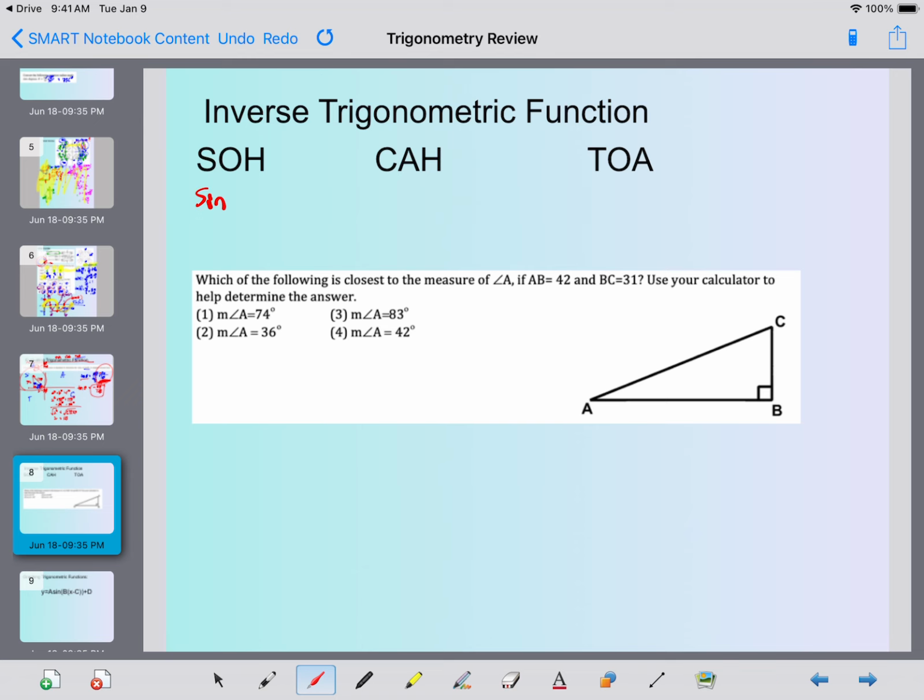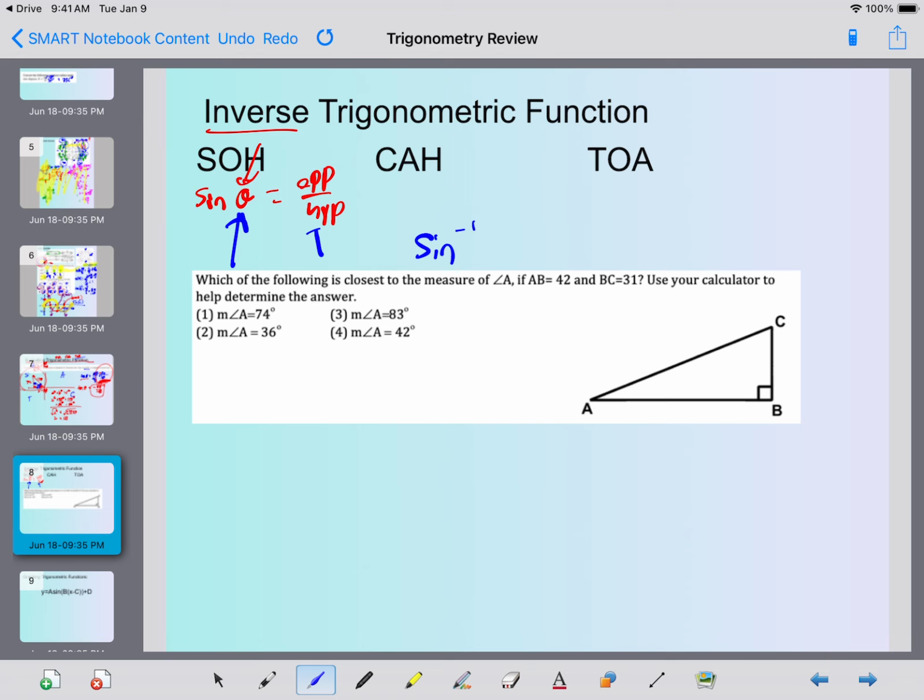So sine of theta, theta is just some angle that we're using a Greek letter to denote. Sine of theta equals opposite over hypotenuse. But look at that inverse word, right? Remember when we learned inverse, all that did was switch the x and the y. So you're switching the input and the output.